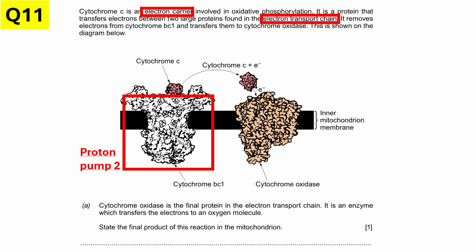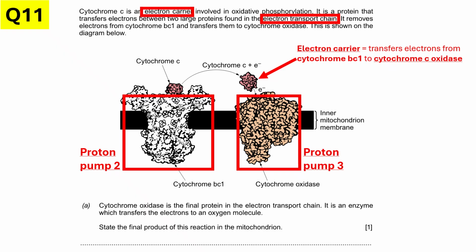Now on the right hand side, the sort of yellow orange looking protein, that's proton pump 3, and it's called cytochrome C oxidase. And the pink cytochrome C in the middle is the electron carrier that carries the electrons between proton pump 2 and proton pump 3. So proton pump 2 is called cytochrome BC1.